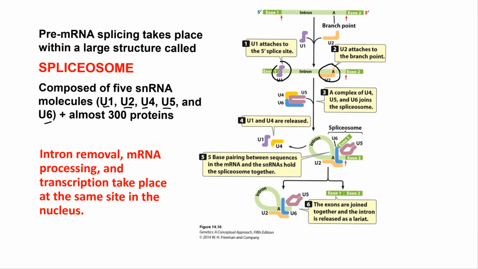Now, the importance of splicing in normal functioning of eukaryotic cells is supported by the finding that many human genetic diseases are caused by mutations which affect pre-mRNA splicing. So, normal pre-mRNA splicing is required for normal functioning of the eukaryotic cell.